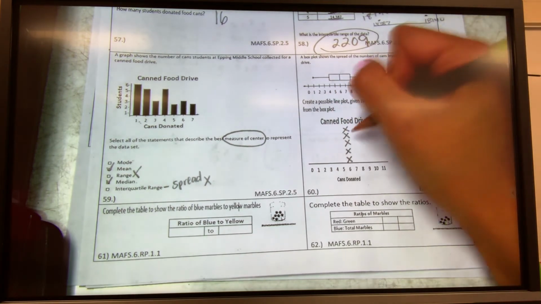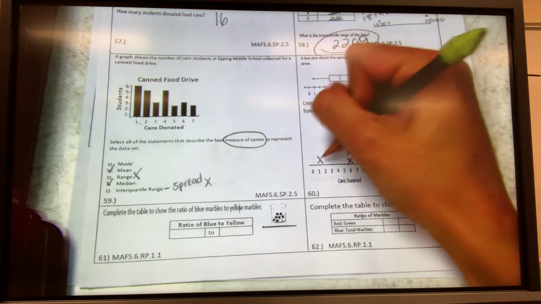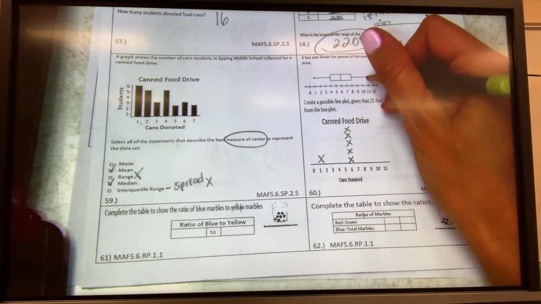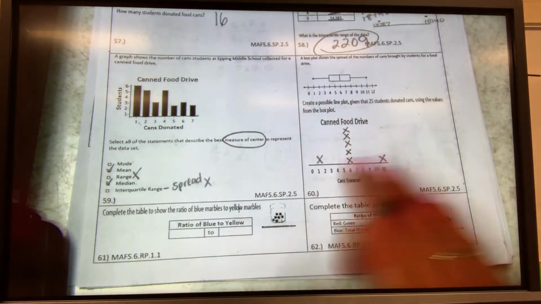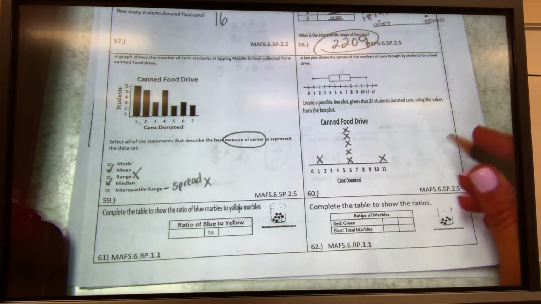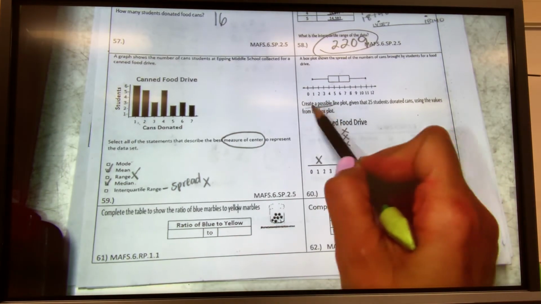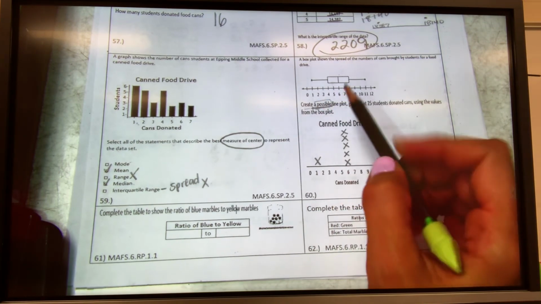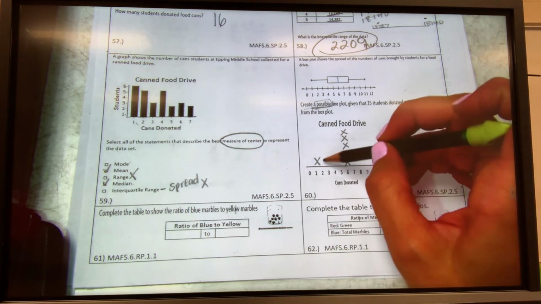Your lowest needs to be here. Your highest needs to be here, 11. Don't count this one, because this one's really hard, so it doesn't have to be, unless you just happen to get it right. There's a lot of different kinds, so don't worry about coloring this one in. But you know there has to be 25 points.